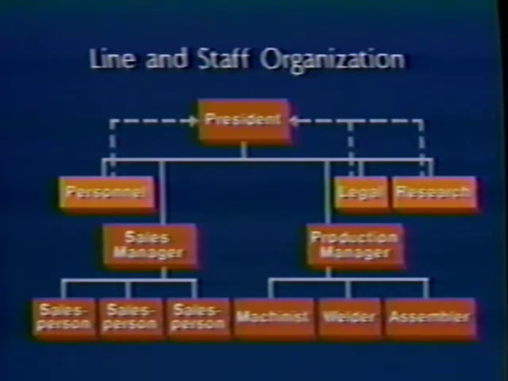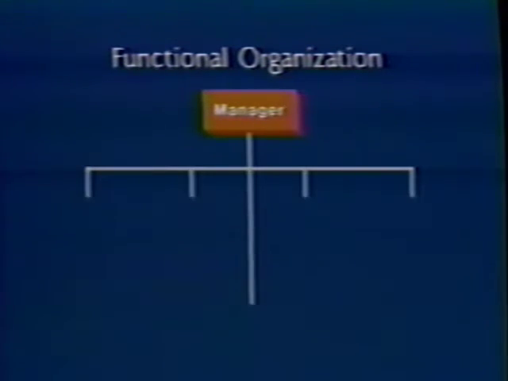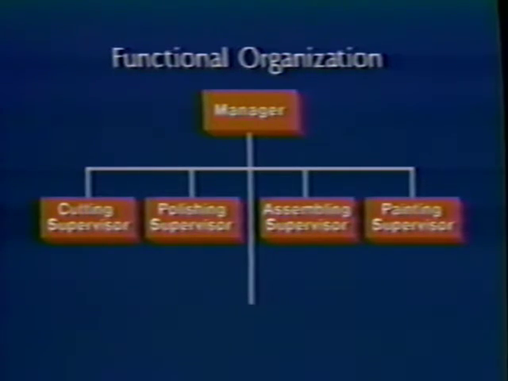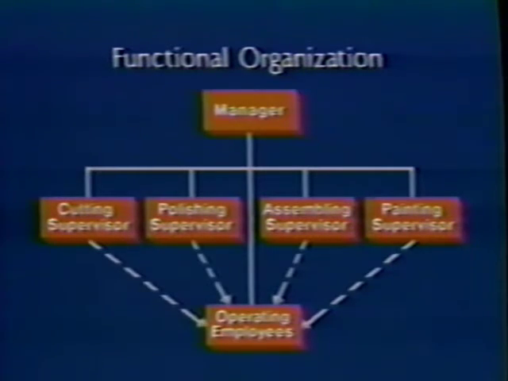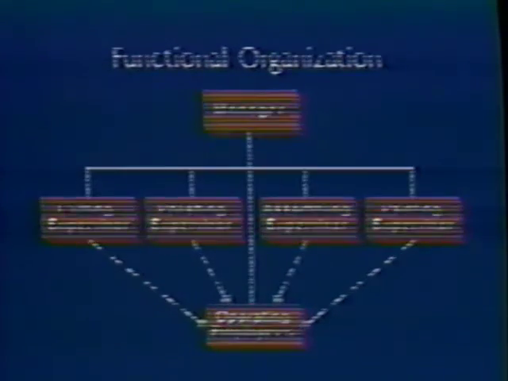If a company feels it needs specialists in positions of authority, they can turn to the functional organization. In this case, decision-making is put in the hands of several different managers who are each experts in a particular task. A worker or group of workers whose job calls for several different tasks would have a number of managers to report to. That puts experts responsible for jobs, but it can also cause confusion and conflicts. So the functional organization is seldom used.